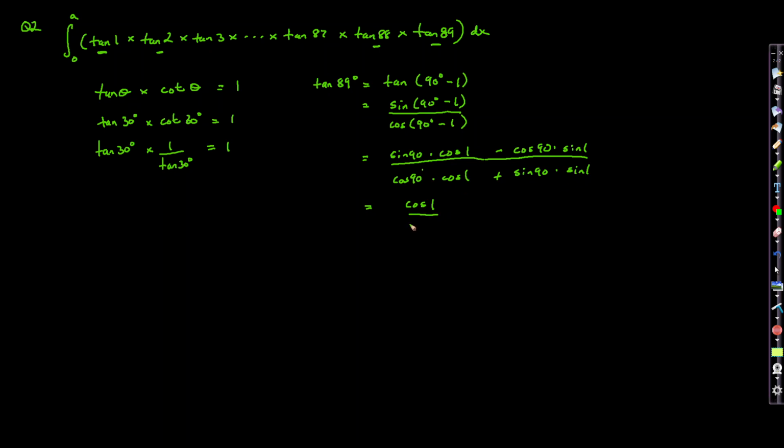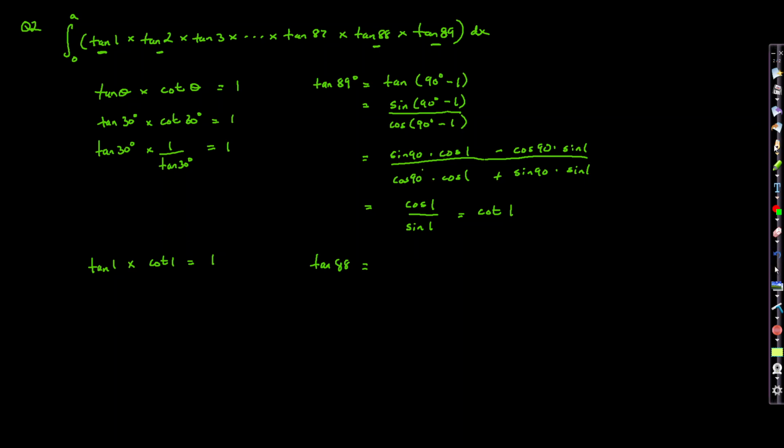Now the cosine of 1 over the sine of 1, well, that's the inverse of tan, in other words, cotan of 1. Now if you look at the tan of 1 times the cotan of 1, that's just going to equal 1. Now if you look at doing that for the tan of 88, just to do one more, you get the same kind of thing happening.